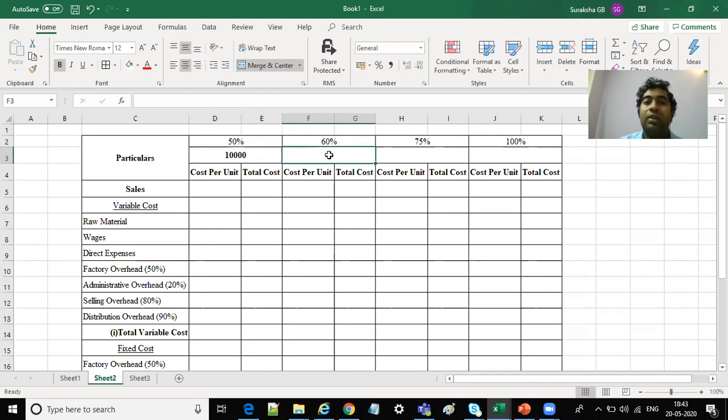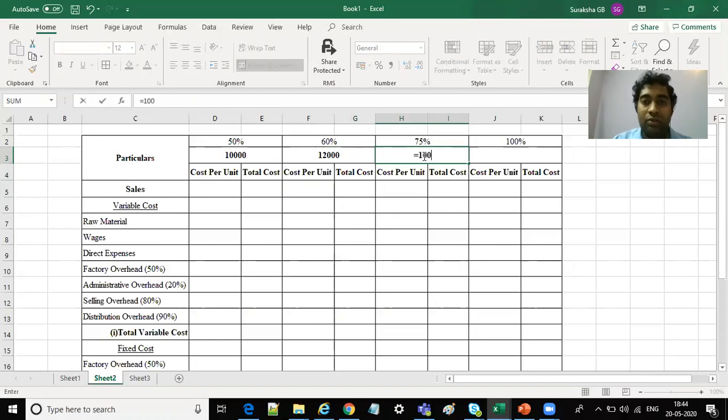Next one, 60%. So how are we going to calculate? 10,000 units at 50% capacity. Then how much is for 60%? It is 12,000 units.